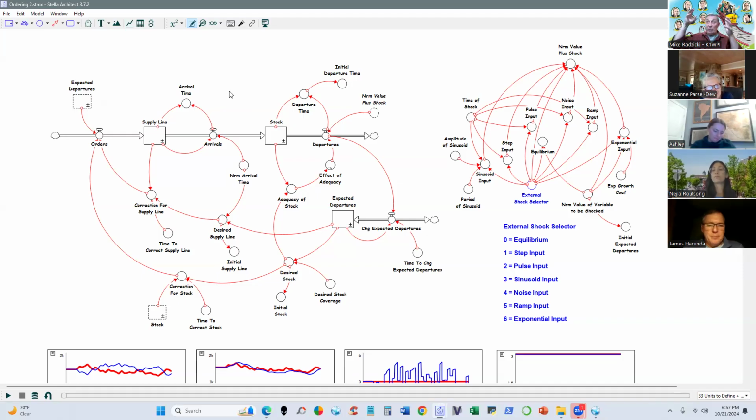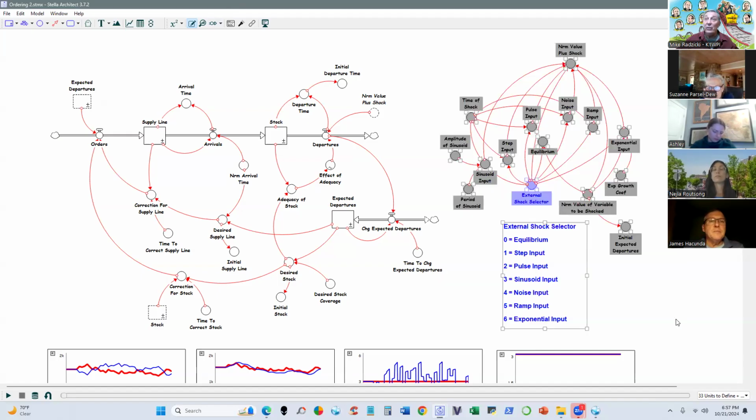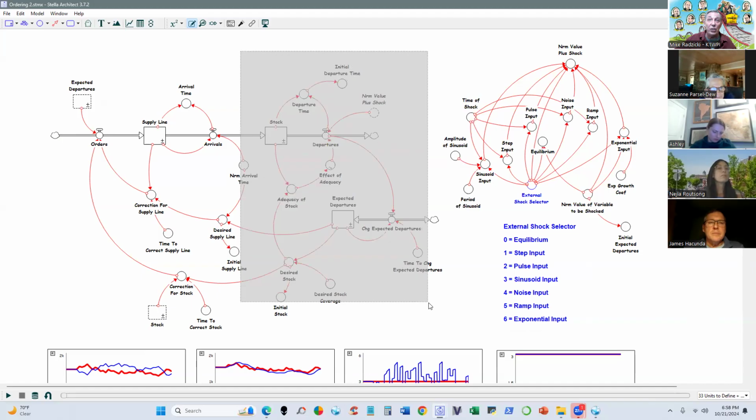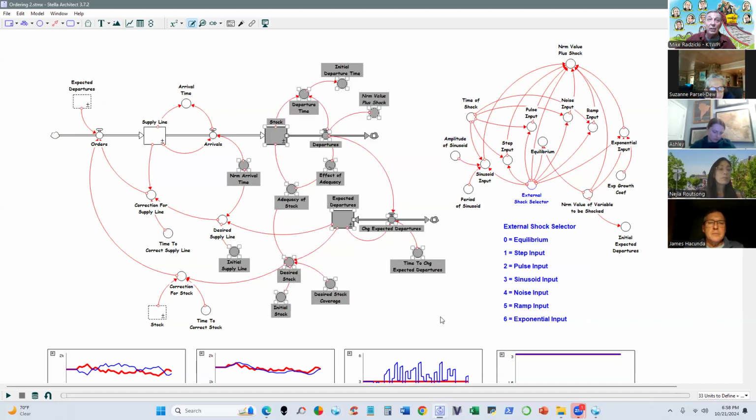So let me call your attention to certain things. This time I've added the molecule I created for external shocks test inputs. So that's just copied and pasted in here. The next thing you should be noticing is this should pretty much look the same along with arrivals.